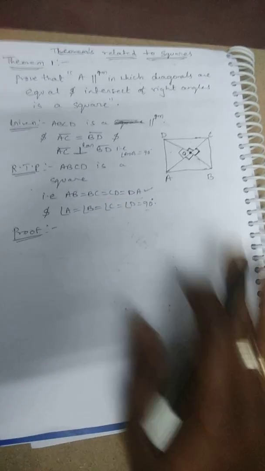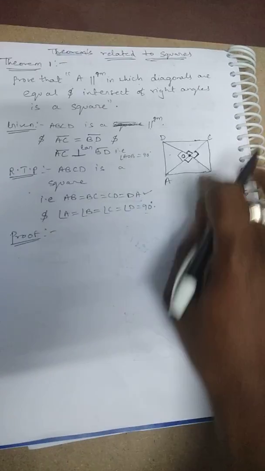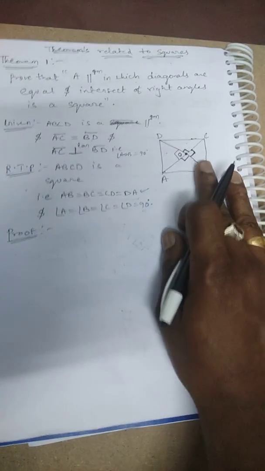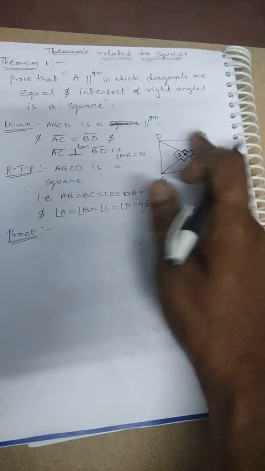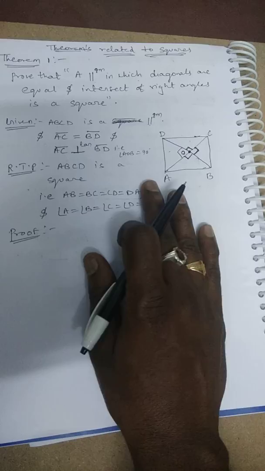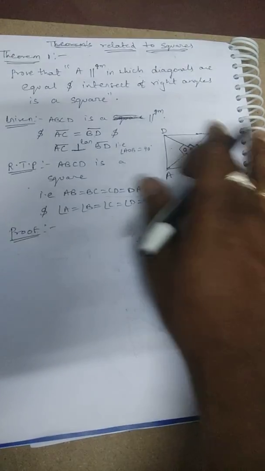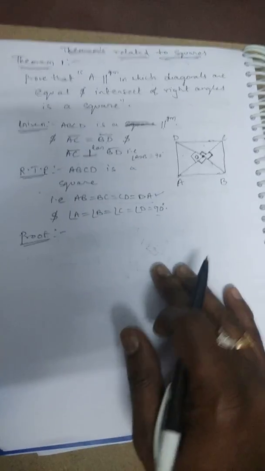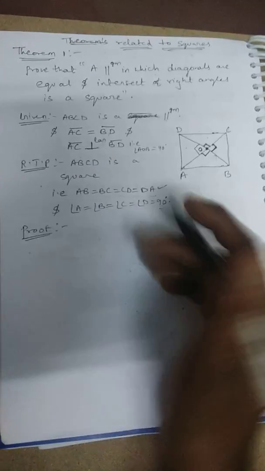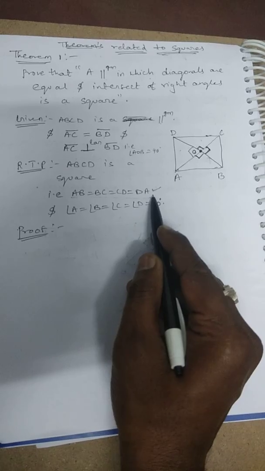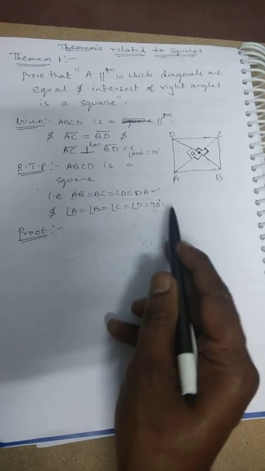He said that ABCD is a parallelogram. Parallelogram means opposite sides are equal, opposite angles are equal, diagonals bisect each other, adjacent angles are supplementary. All four properties I can use here because ABCD is a parallelogram. First I will prove all four sides equal, then I will prove all four angles are 90 degrees.